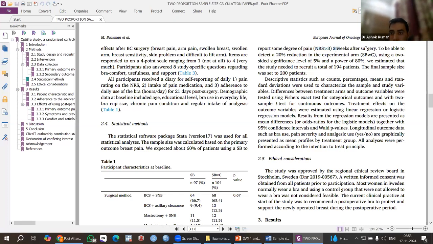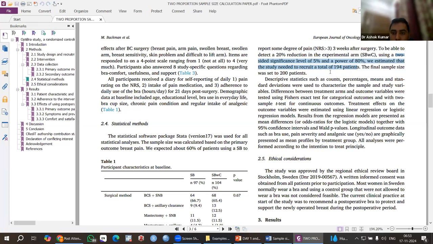3 weeks after surgery, to be able to detect a 20% reduction in the experiment arm. This is the experiment arm. Using a two-sided significance level of 5%, always take two-sided, and power of 80%, we estimated that the study needed to recruit a total of 194 patients.